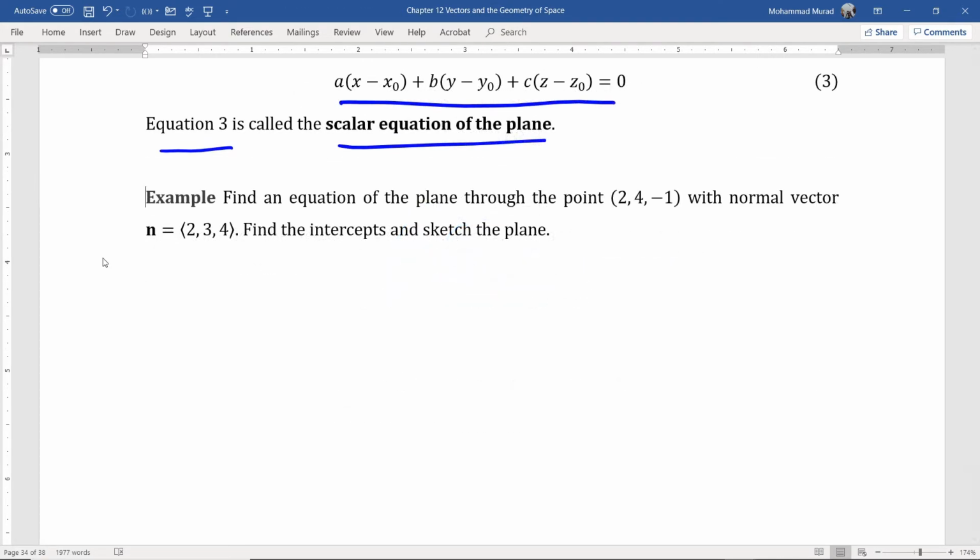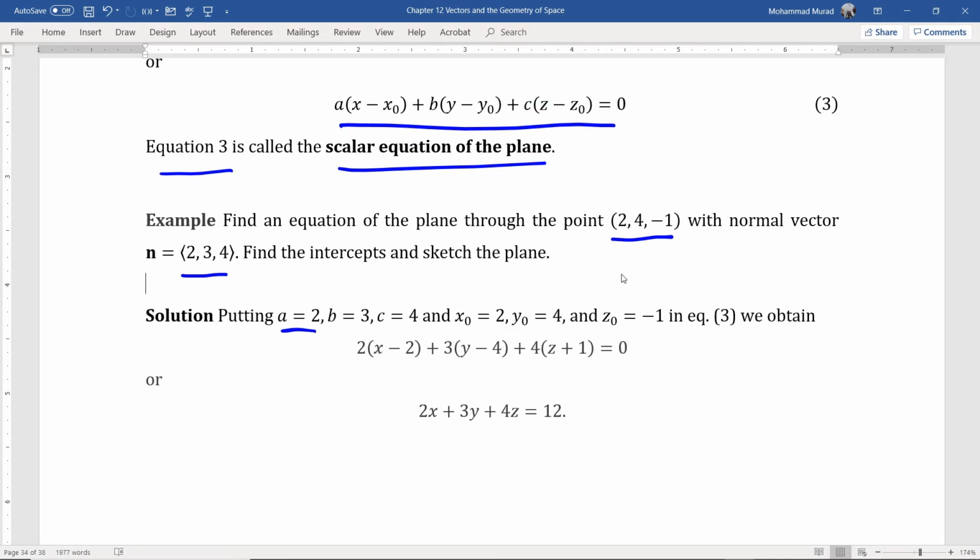Let's have a look at an example. We want to find an equation of the plane through the point with coordinates 2, 4, -1, and with normal vector n with components 2, 3, 4. We also find the intercepts and we'll sketch the plane.